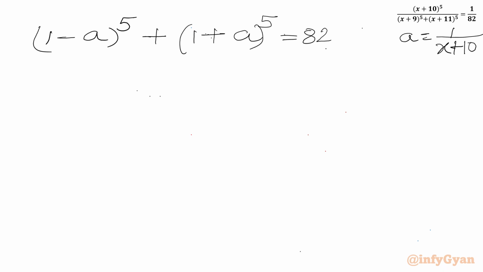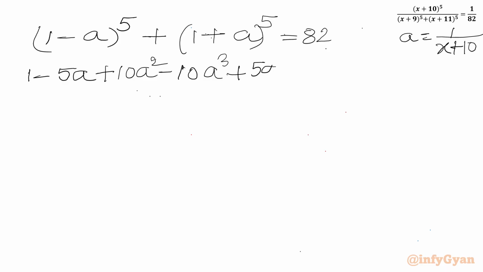Now I will write the binomial expansion of (1-a)^5. As we know all the coefficients of the expansion using Pascal's triangle: 1, 5, 10, 10, 5, 1. So 1 - 5a + 10a^2 - 10a^3 + 5a^4 - a^5.